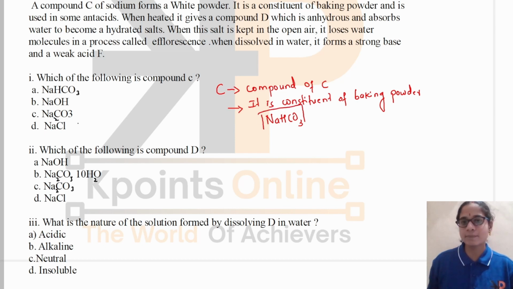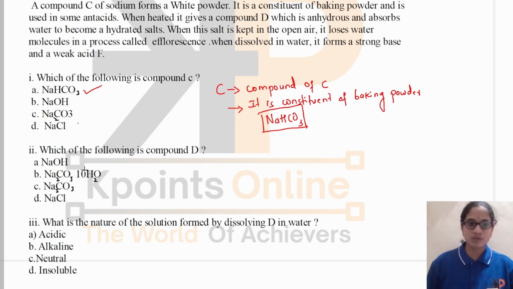Then it is 100% sure that the compound C will be sodium bicarbonate. The question is we have to find out C. Then from this it is clear that the compound C is sodium hydrogen carbonate or sodium bicarbonate.